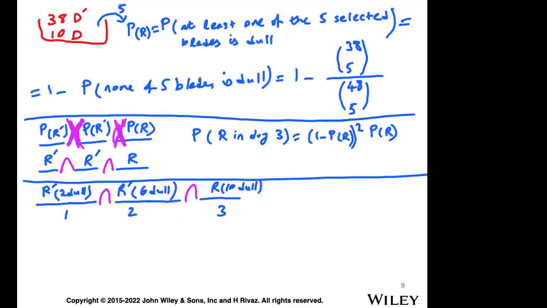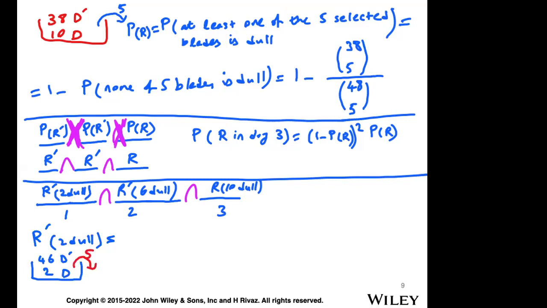So R prime, if we have 2 dull blades, is going to be, so basically what I have here is I had 48, right? That means I have 46 not dull and 2 dull, and again, I'm selecting 5.